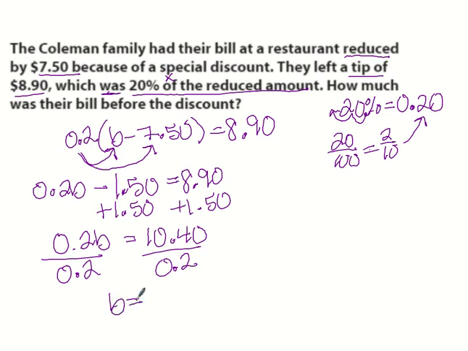And the bill was originally $52. So the bill was $52 before it was reduced, because we reduced it and then paid our tip on the reduced amount.